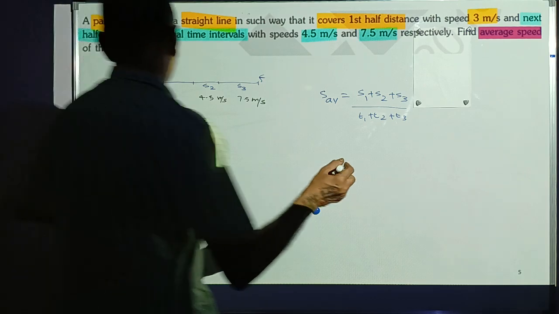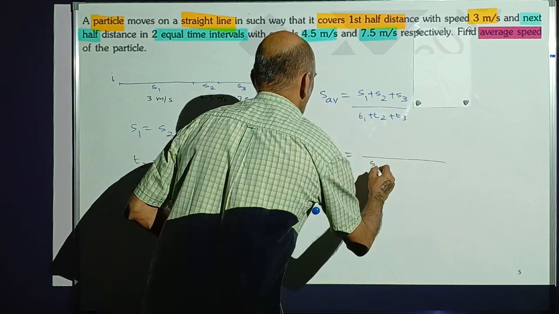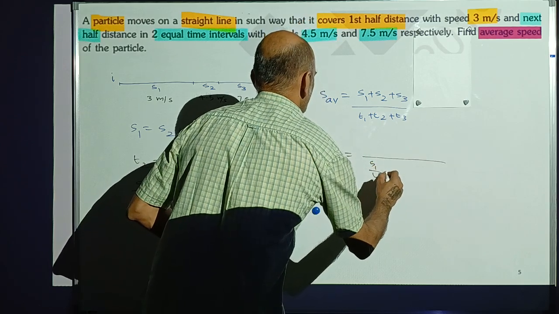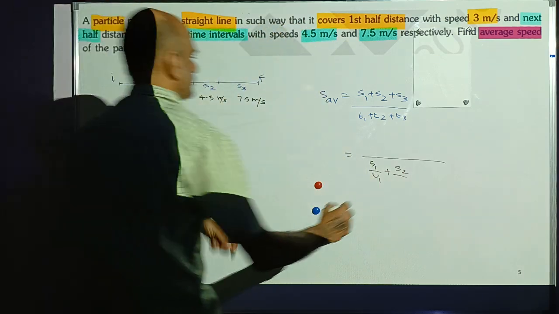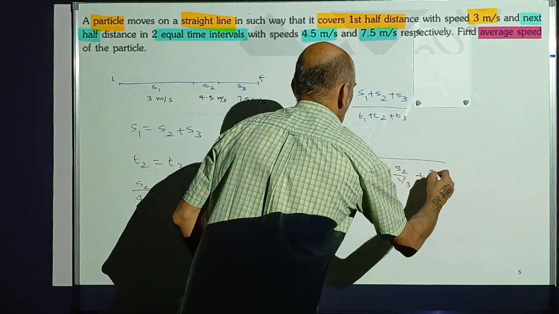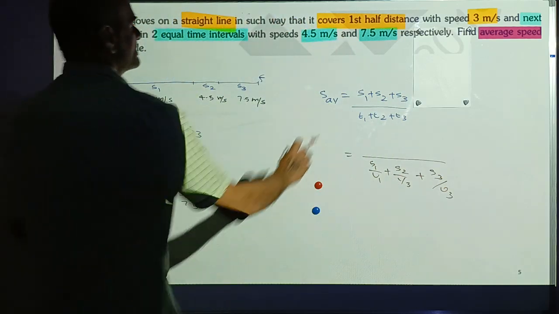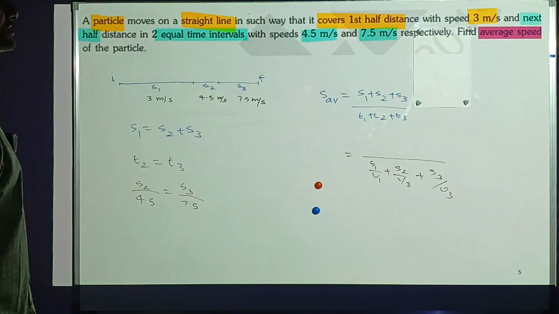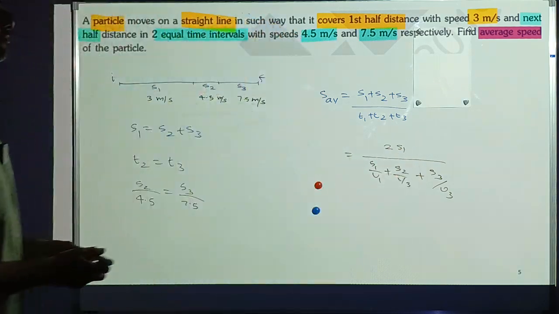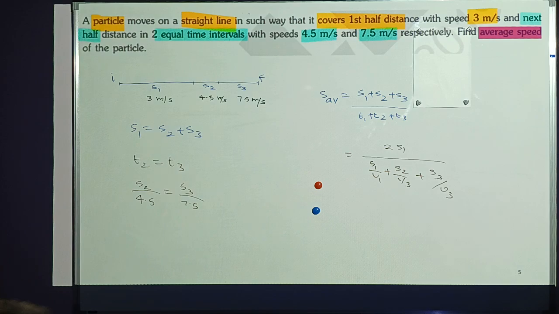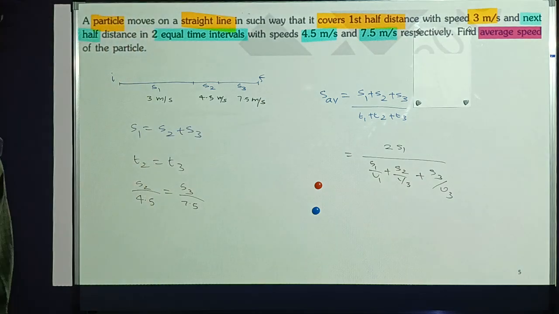And T1 is S1 by V1, so the numerator is the total distance, but the denominator is S1 by V1 plus S2 by V2, where V2 is 4.5, plus S3 by V3. And S2 plus S3 is same as S1, because the first half the distance is covered in the first part. So the numerator is 2S1. Velocities are given. So S2 and S3 are written in terms of S1. S1 will cancel and the answer will come.